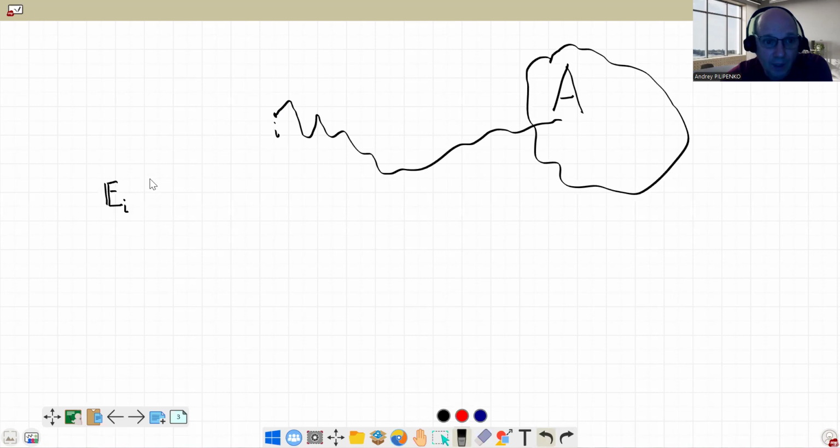Expectation, you start from I, of s to the power sigma A and g of X at the moment sigma A, where sigma A is the hitting time.